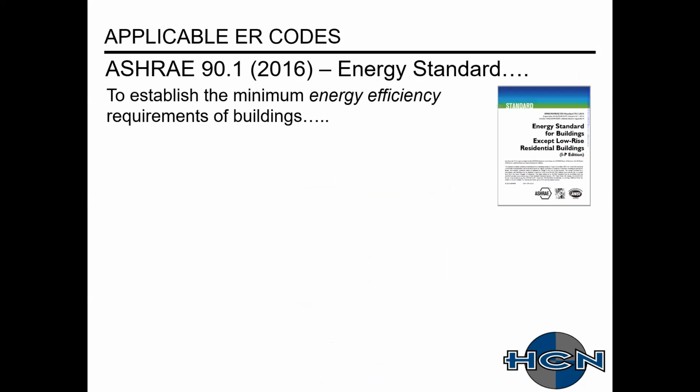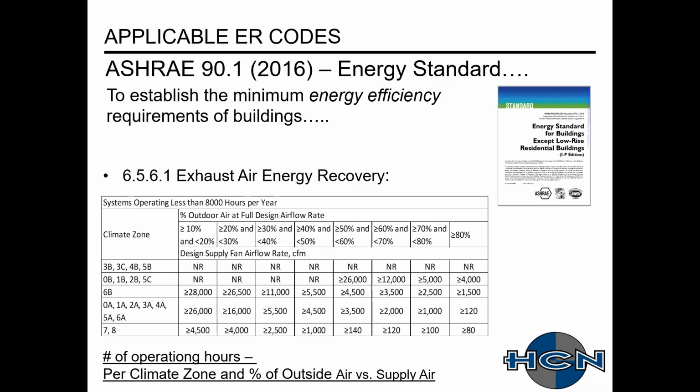All right. Applicable energy recovery codes: ASHRAE 90.1 has to do with energy. It's been created to establish the minimum energy efficiency requirements of buildings. For energy recovery, there's section 6.5, exhaust air energy recovery. Everybody, once again, should be very familiar with this chart. It has the number of operating hours per year.